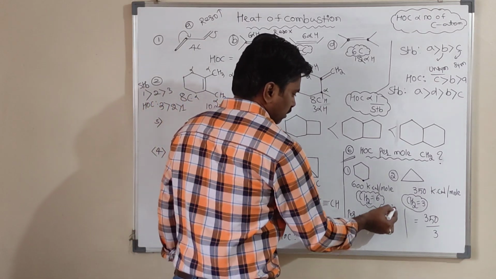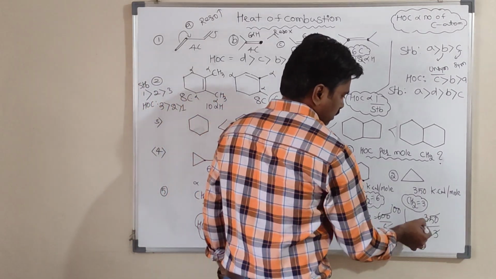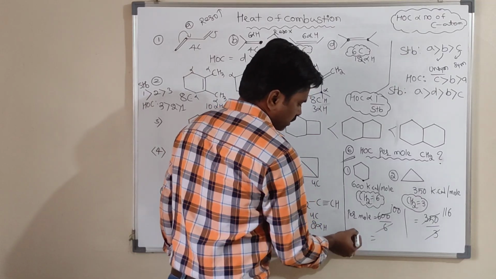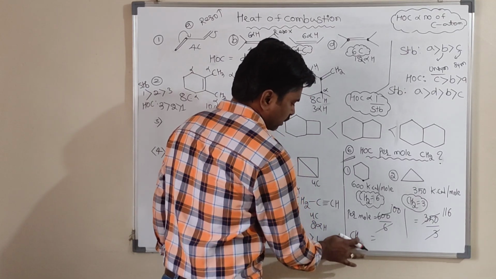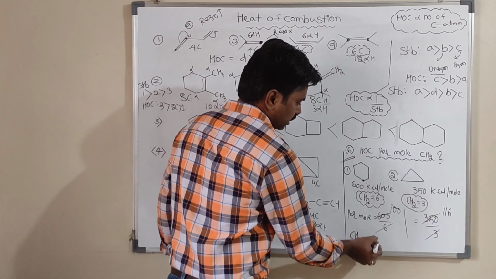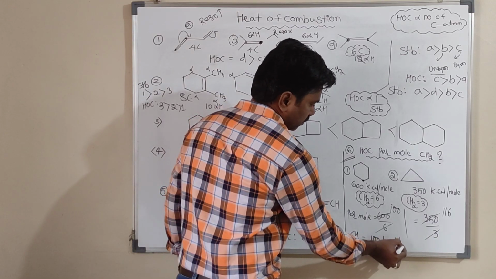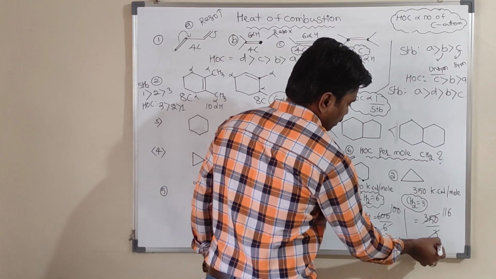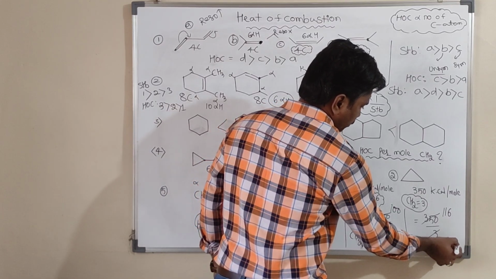So it comes to about 116. Finally, one CH2 will give 100 kilocalorie per mole. In this case, per CH2 gives 116 kilocalorie per mole.